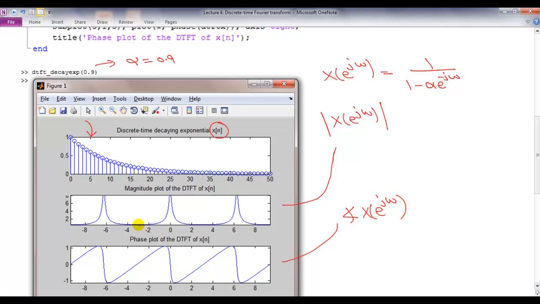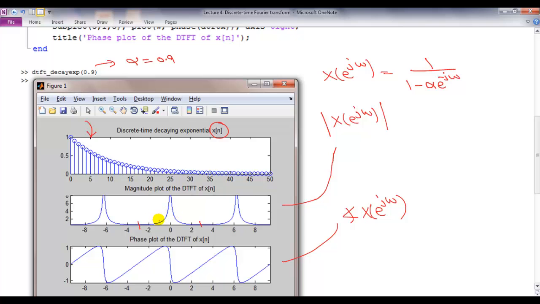Okay. Again, as we have argued, pi is somewhere here. As you see, the discrete time Fourier transform is periodic. Okay. And what this says is that this decaying exponential signal consists of mostly low frequencies.